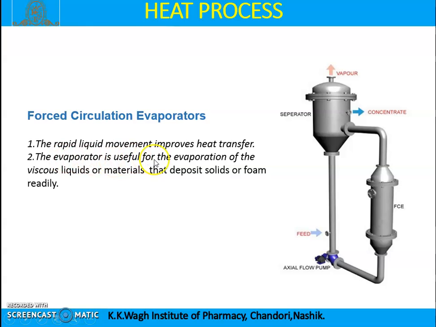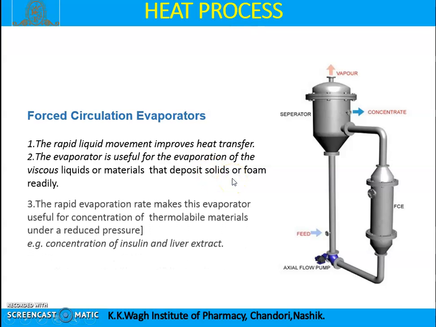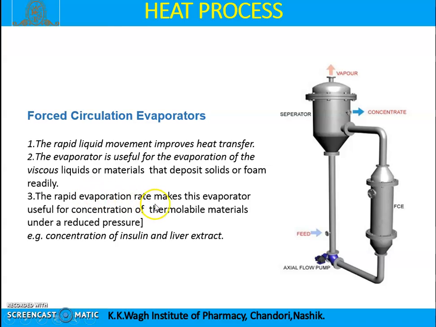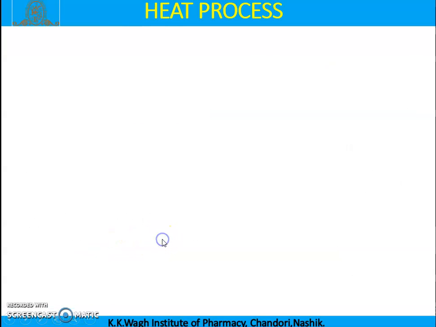The evaporator is useful for the evaporation of viscous liquids or materials that deposit solids or foam readily. The rapid evaporation makes this evaporator useful for the concentration of thermolabile materials under a reduced pressure. Examples are the concentration of insulin and liver extract.